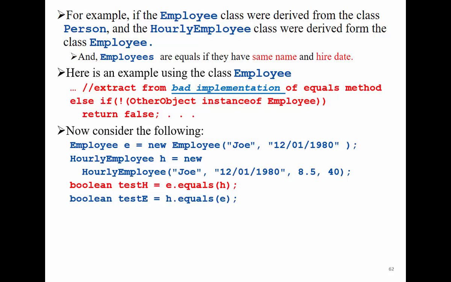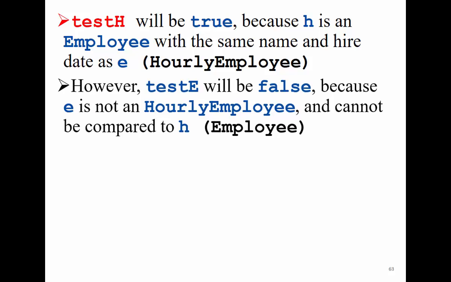H is a subclass of Employee. Because I'm calling that, what is the other object? It is E, and E is an Employee, not an HourlyEmployee, so it is not an instance of HourlyEmployee. If it's not true, this will return false. So the first one will return true, the second one will return false.